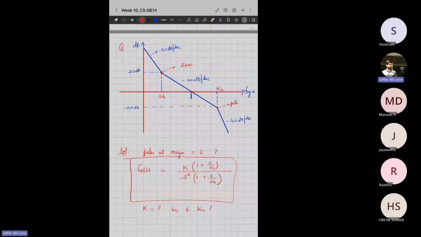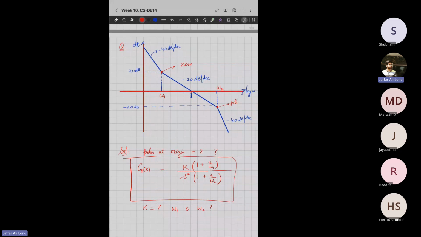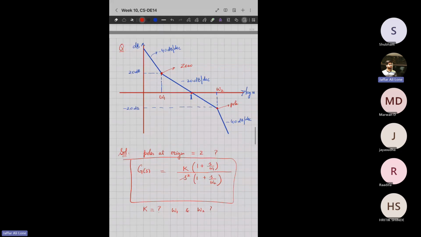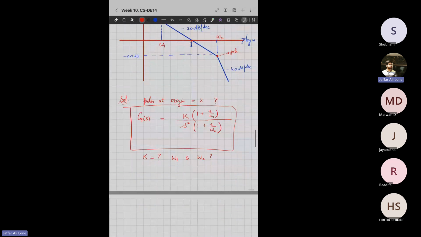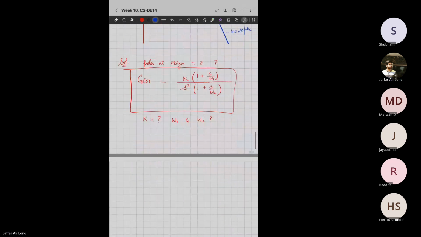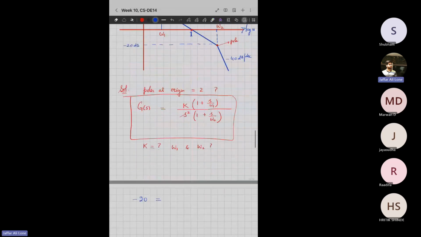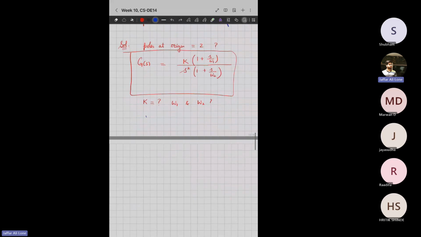So can we make use of this part? See, this is minus 20 dB per decade. So minus 20 is the slope. I'll write the formula for slope first. What is the formula for slope? Y2 minus Y1 divided by X2 minus X1 is equal to slope.